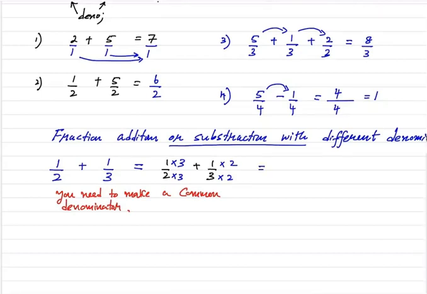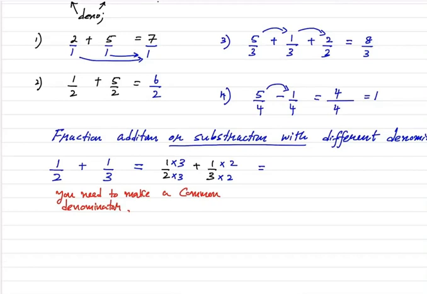If you multiply 2 by 3, it is a must that you multiply the top part by the same number. So this and this you can see, right? If you are not familiar with it, you will be.